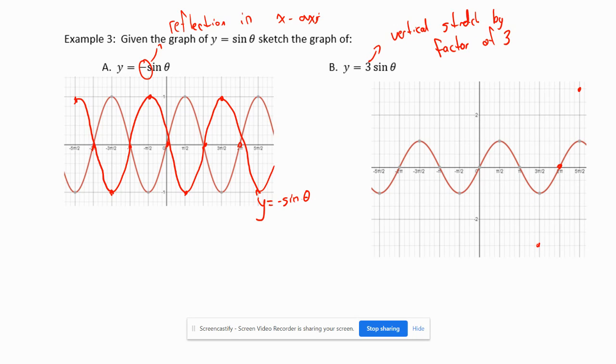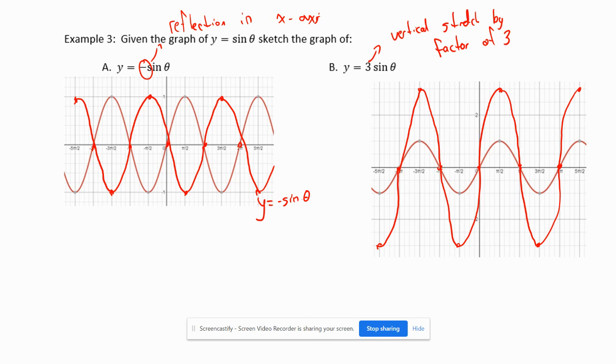This is going to come down to negative 3. So this graph is going to look like the graph. The drawing is not very good. It's kind of tough to do on this screen that I'm writing on over here. But this is how our graph of y equals 3 sine looks.